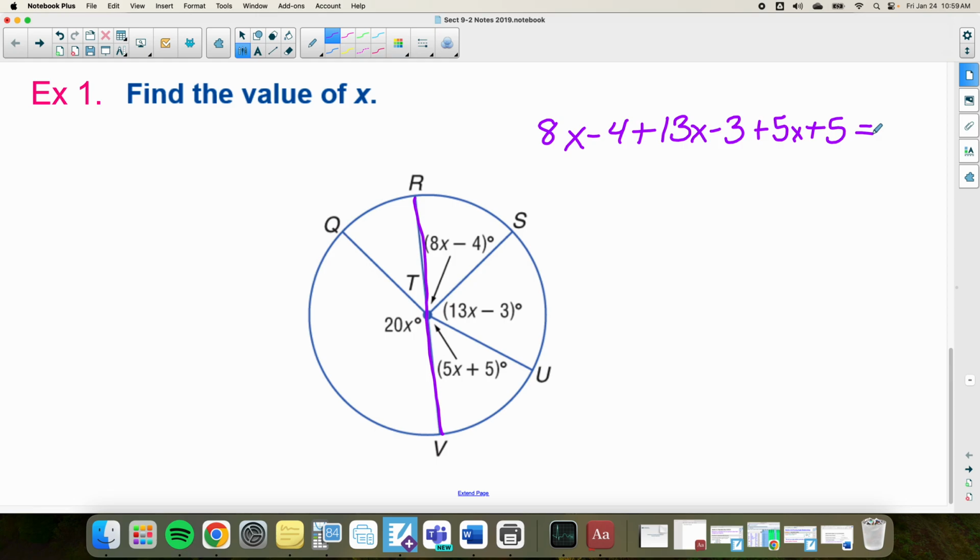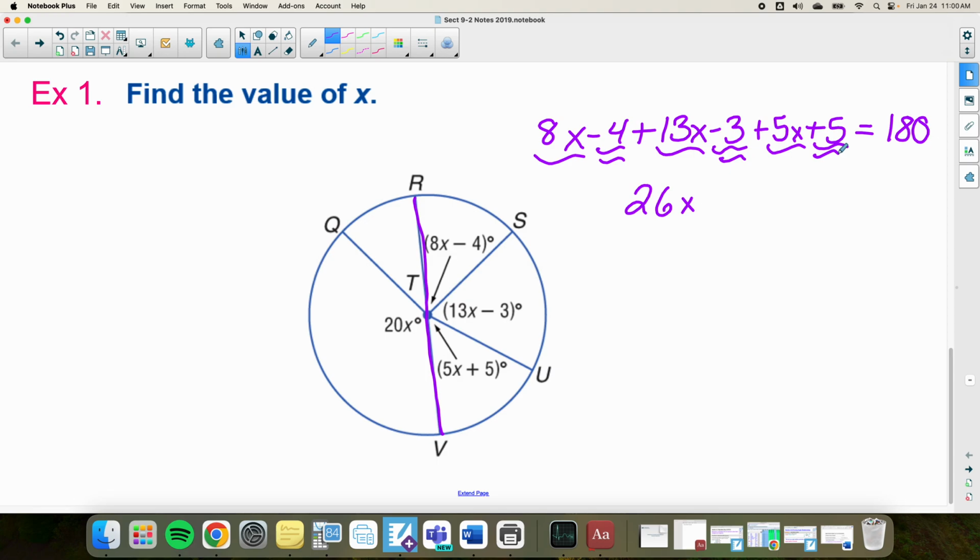Isn't it a straight line, so it's 180, right? Now, 8x plus 13x plus 5x is going to be 26x. And then we have negative 4 minus 3 plus 5.